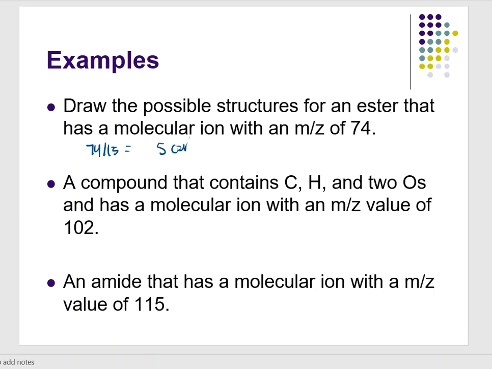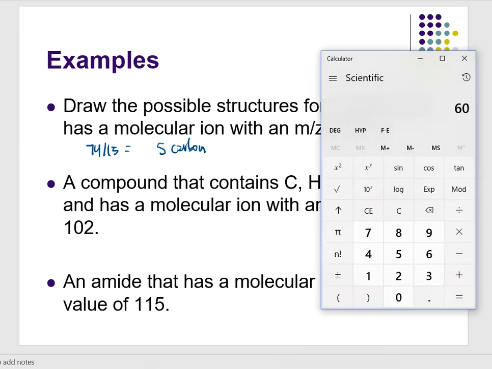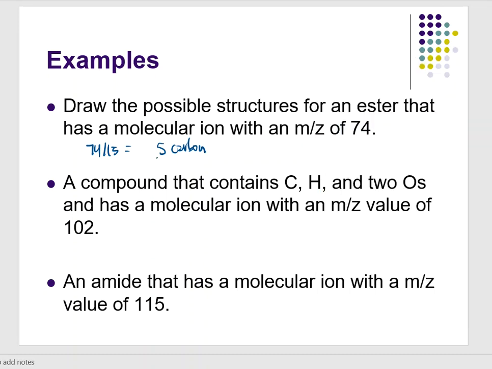So this means there's 5 carbons in play. All right, so I'll take 5 times 12, the weight of carbon, that's 60. I'm going to subtract that from 74, and I'll get 14 hydrogens. So C5H14.